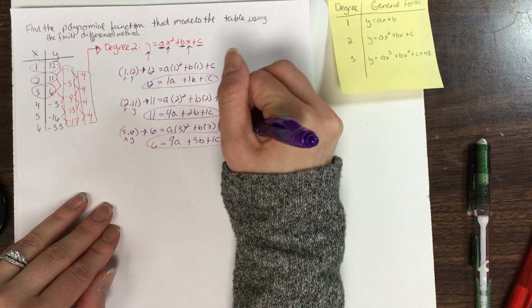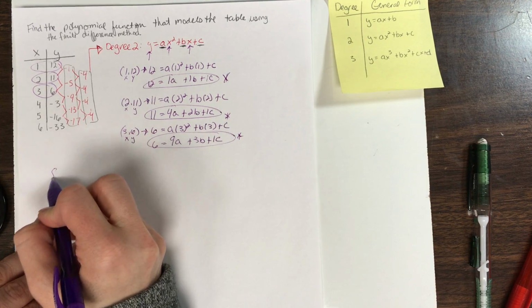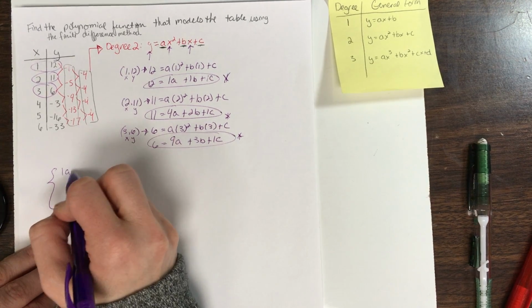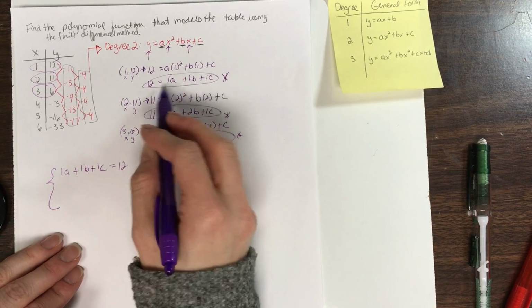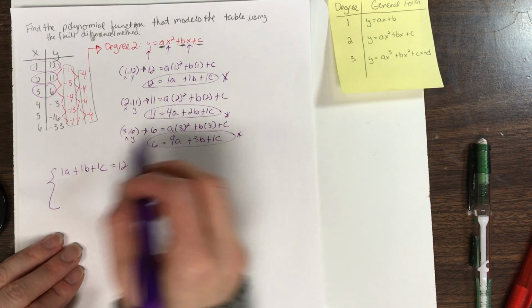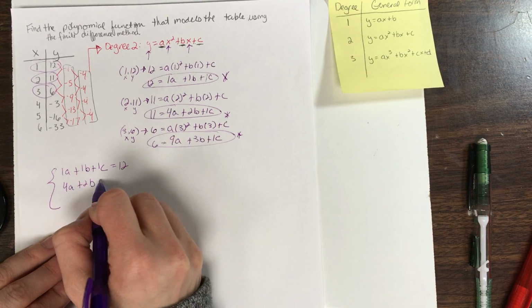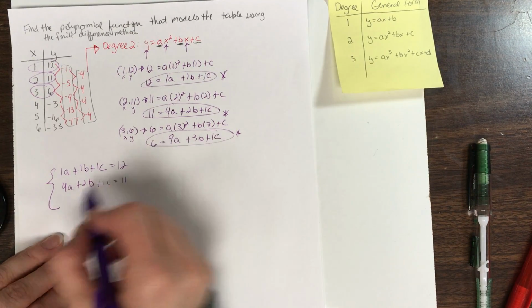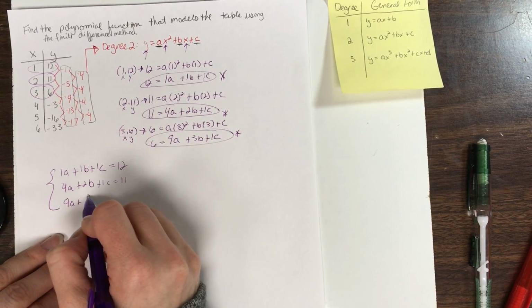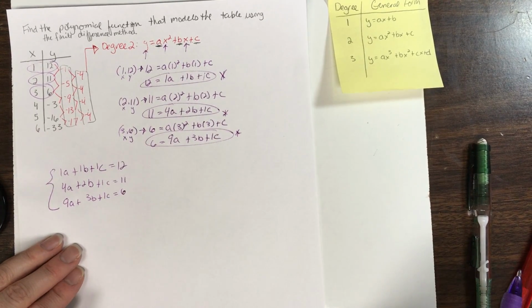So using these 3 equations, I have a system of equations. So we have 1a plus 1b plus 1c equals 12. That's my first equation. Second equation, 4a plus 2b plus 1c equals 11. Third equation is 9a plus 3b plus 1c equals 6.